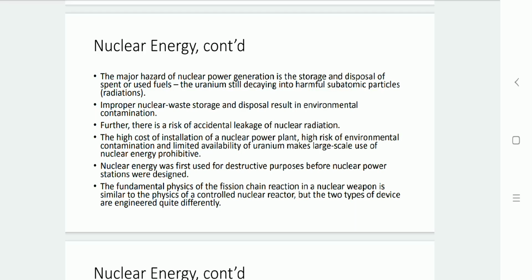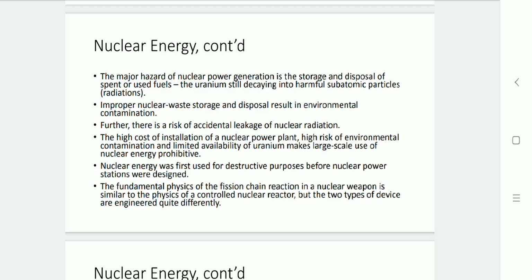This is very harmful for us: the wastage, the storage and the disposal lead to environmental contamination. There is also a risk of leakage of nuclear radiation. When this nuclear radiation leaks, it is harmful to people.